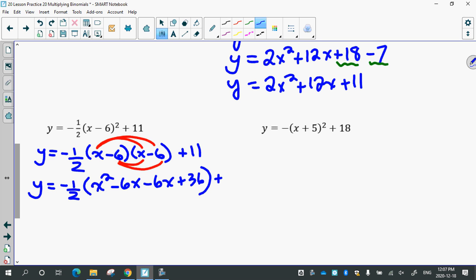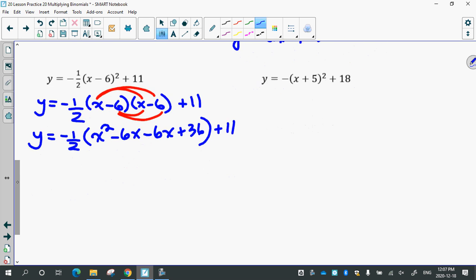Bracket plus 11. Just keep the product in the bracket. Combine these.